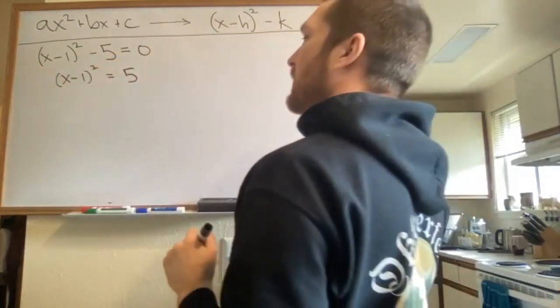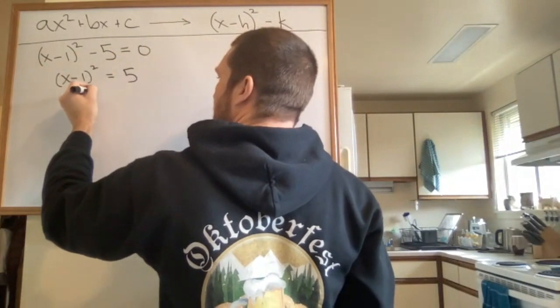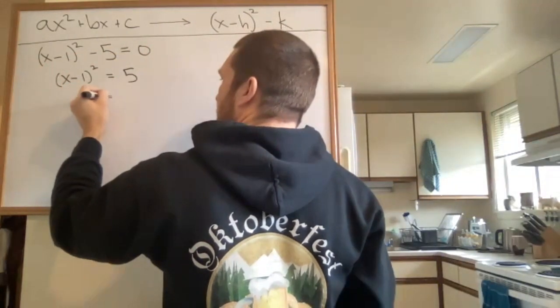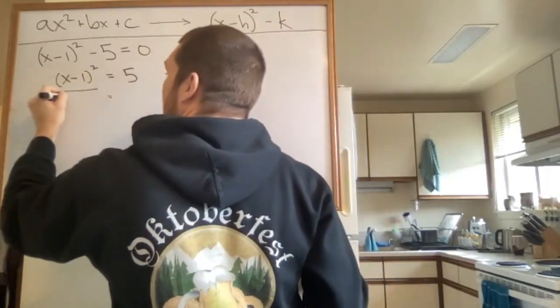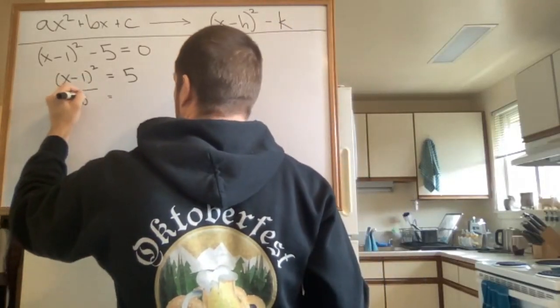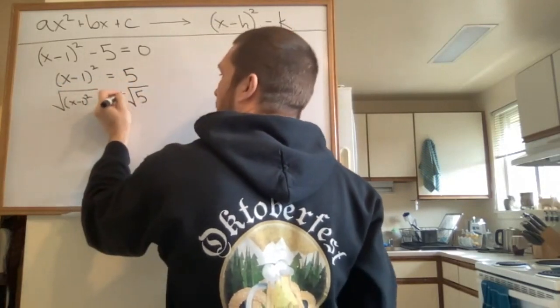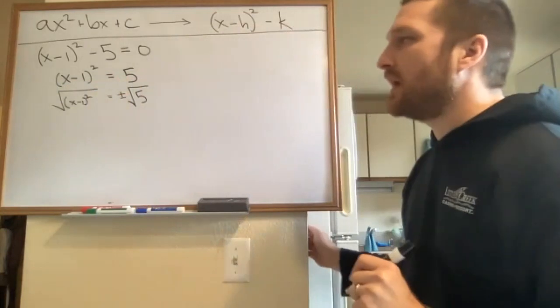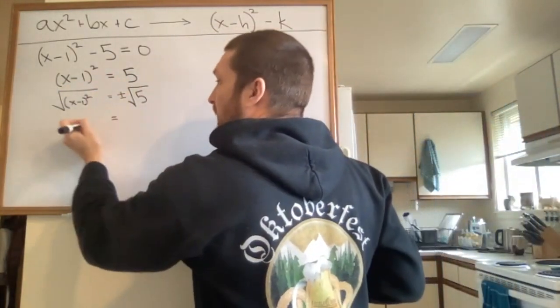Now what do I do? Take the square root of both sides, which does what? Gives you a plus or minus. There we go. Have to have that plus or minus over there, because there are two possibilities.